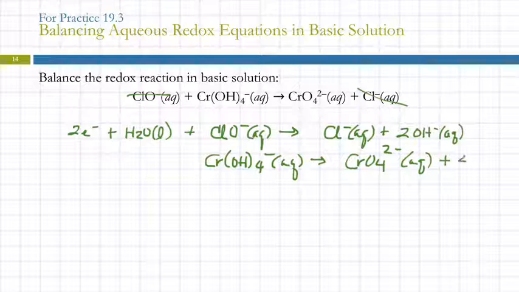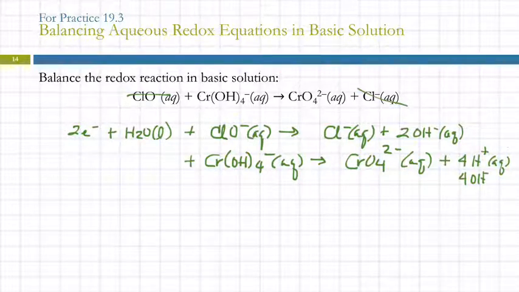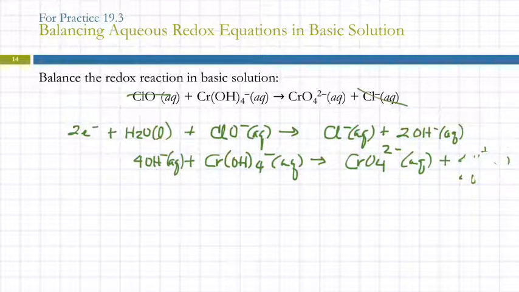So we need 4 hydrogen ions to balance the hydrogens. But this is basic solution. So we're going to add 4 hydroxide ions to both sides. Four hydrogen ions plus 4 hydroxide ions is 4 water molecules.